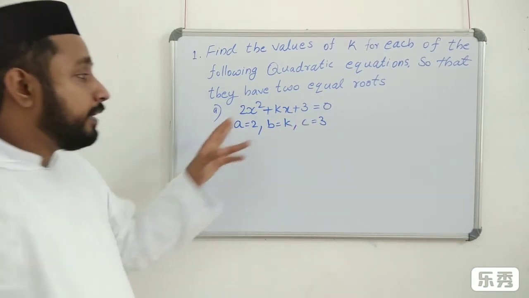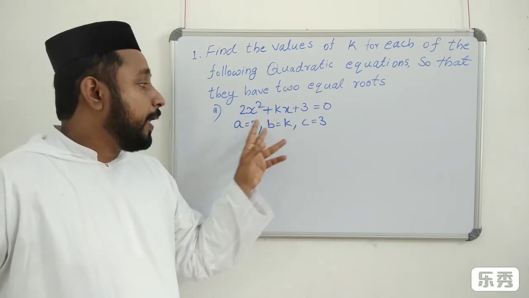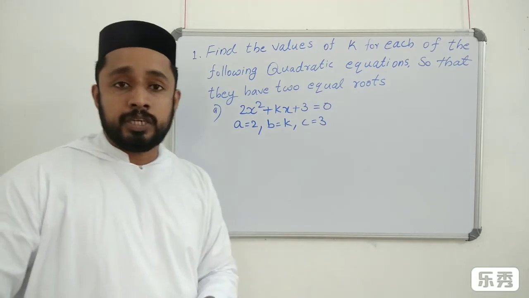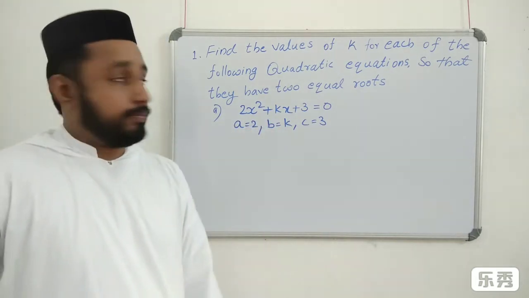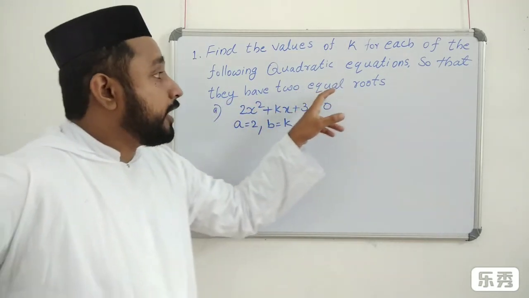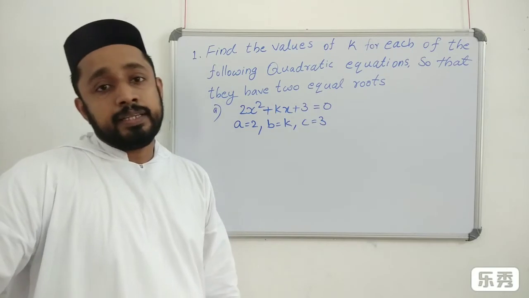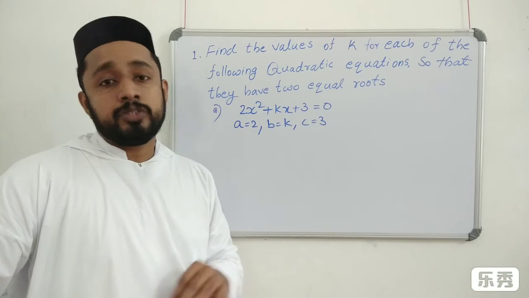When we compare the given equation with the general equation, we get a is equal to 2, b is equal to k, and c is equal to 3. We have to find the value of k, and we have a condition that they have two equal roots. We studied that if the roots are equal, then the discriminant is equal to 0.